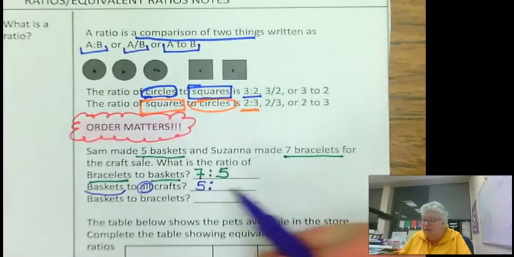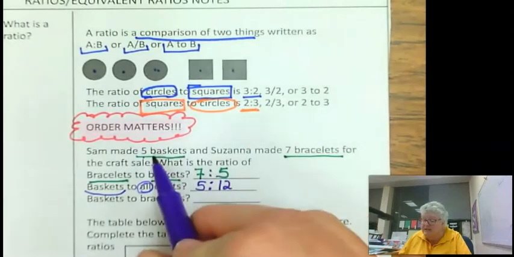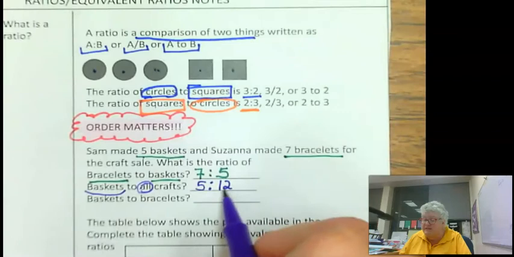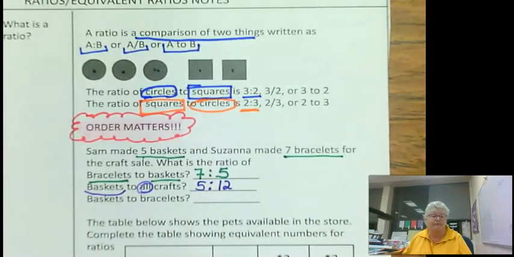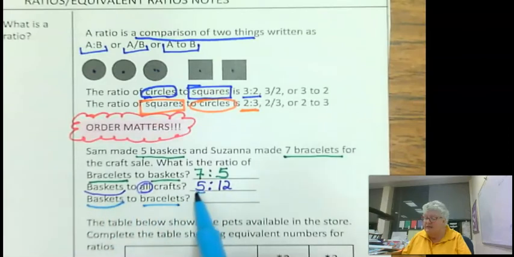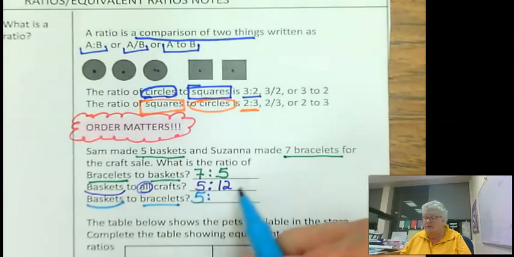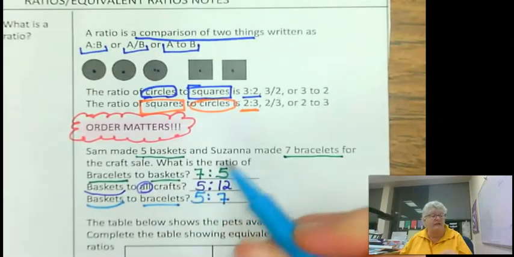Yes, 12. Very good. Because it's 5 baskets and 7 bracelets gives us 12 of everything. And then the last one on this, we've got baskets to bracelets. All right, well, we just said that there's 5 baskets. How many bracelets do we have? Very good. 7.